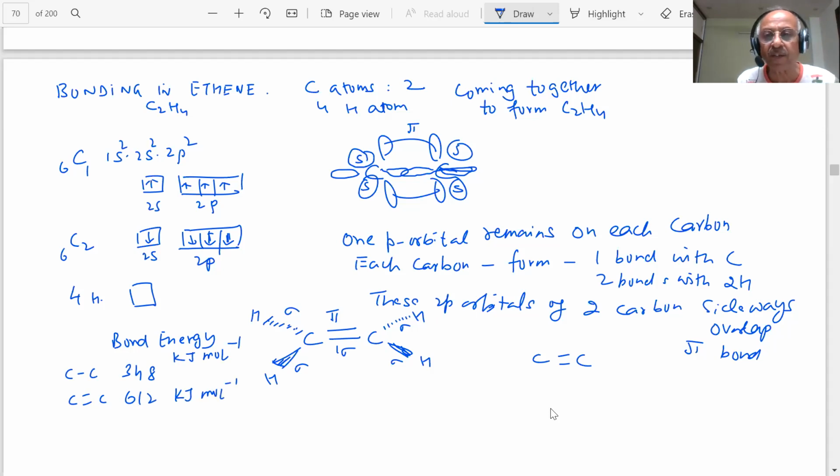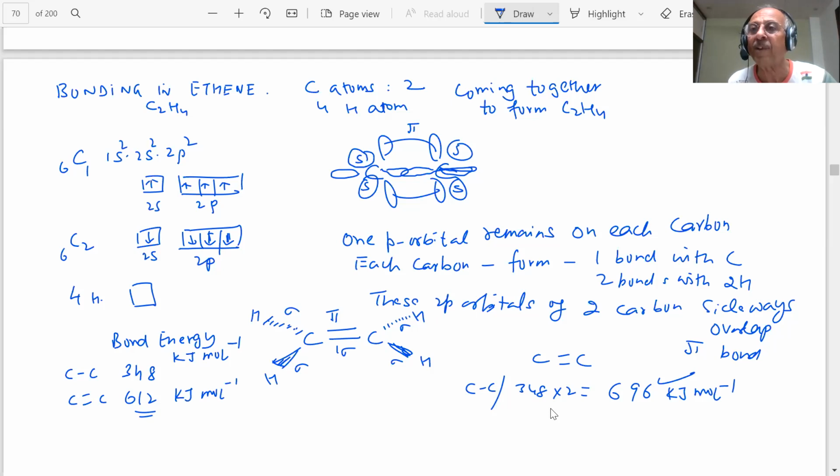If I multiply 348 by two, it will be 696 kilojoules per mole, and this value is more than 612. Two carbon single bonds give more than the double bond. You can see that because, students, in the sigma bond the overlap is more effective.